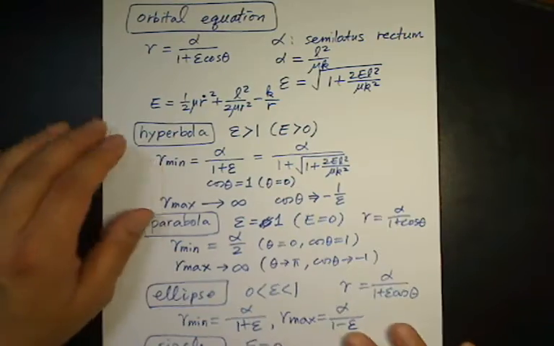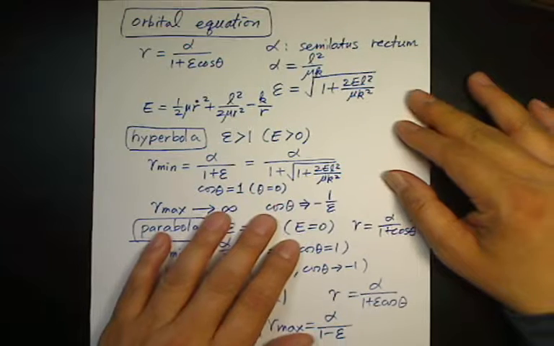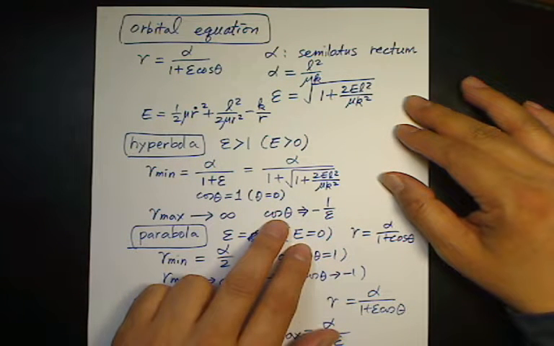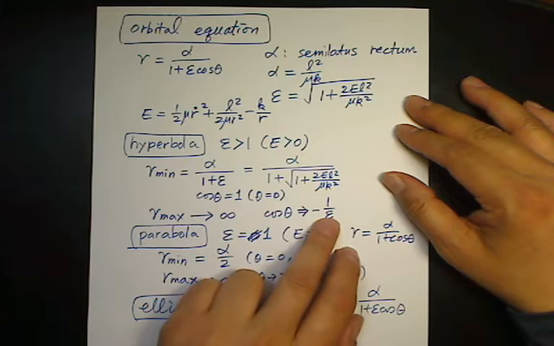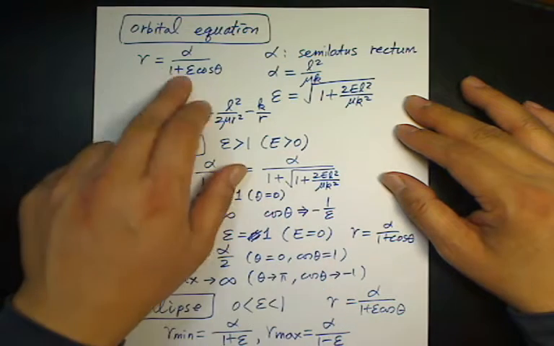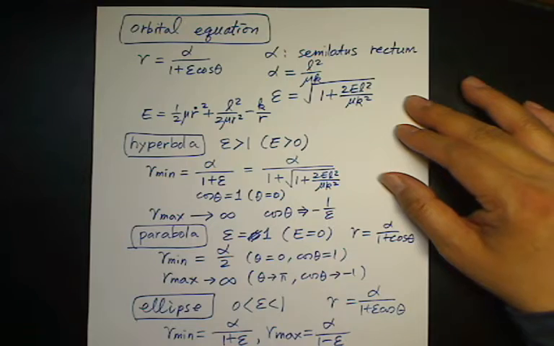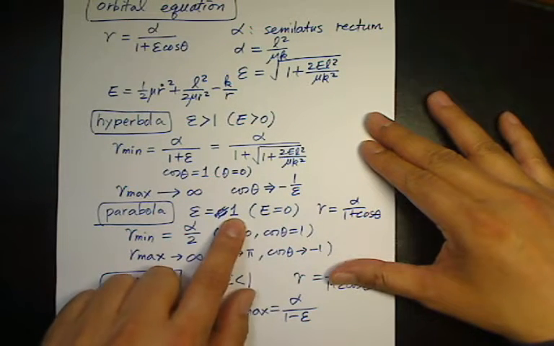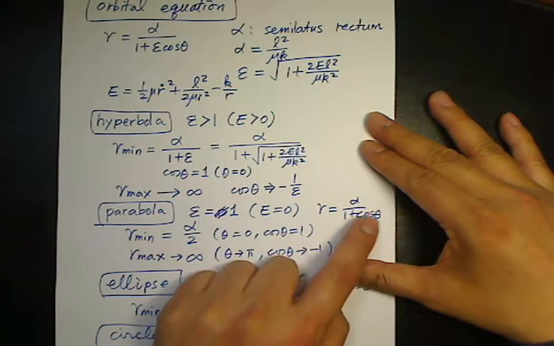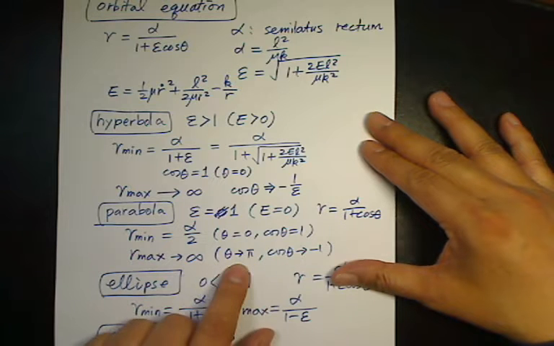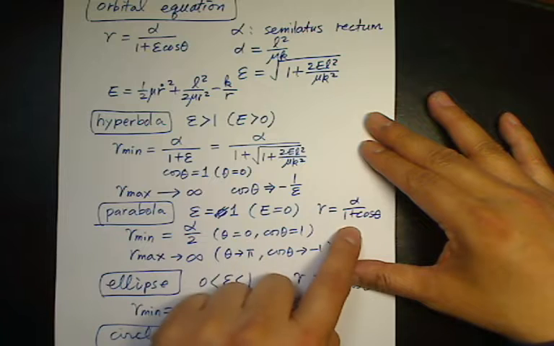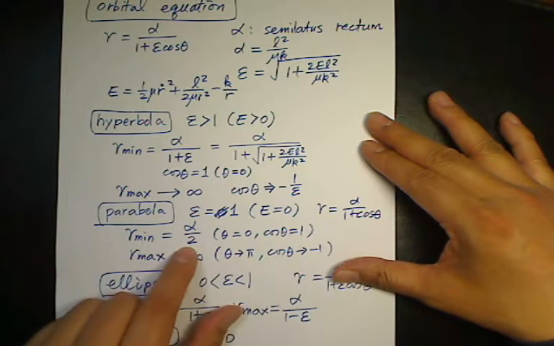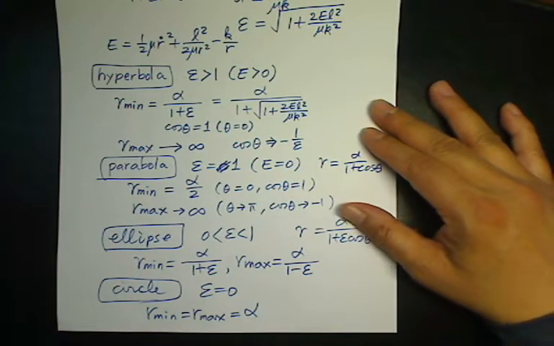As cosine theta reaches minus 1 over epsilon, the denominator becomes 0 and r goes to infinity. In the parabolic case, epsilon is 1, and r goes to infinity when theta goes to pi or minus pi. And at theta equals 0, r minimum is approached, and that value is 1/2 of the semi-latus rectum.